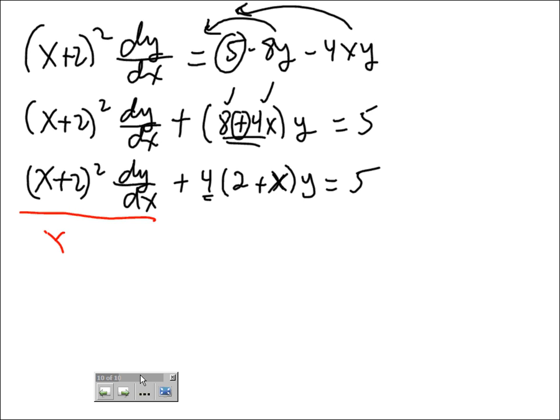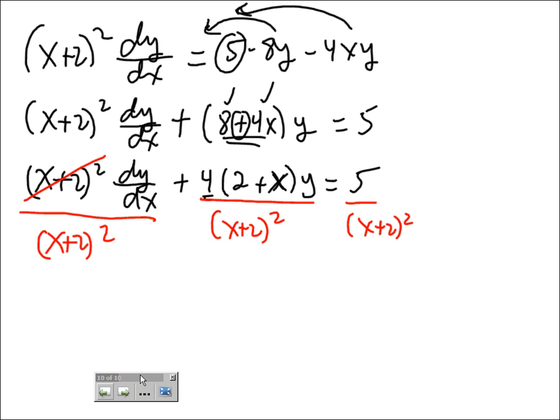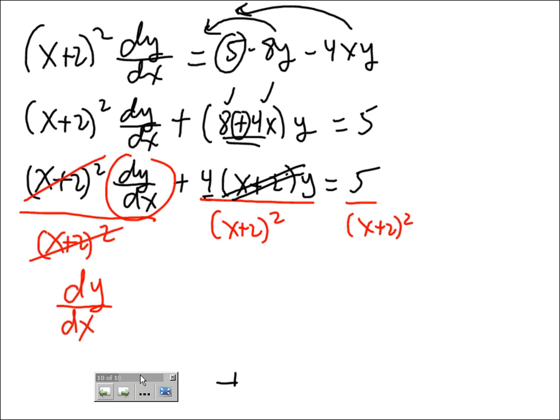Now I'm almost in standard form. I'll divide by (x + 2)², each and every term. By design, that cancels, and all I'm left with is dy/dx. Now please remember that 2 plus x is absolutely the same as x plus 2, and I can kill off one x plus 2 in the top and one in the bottom.